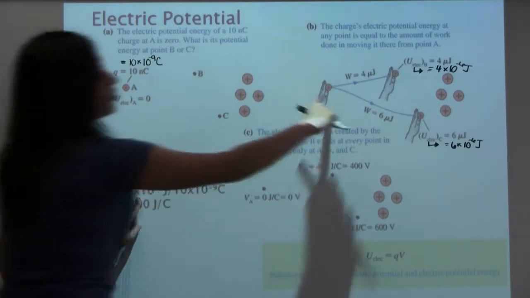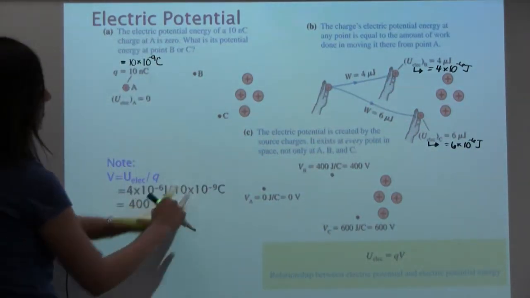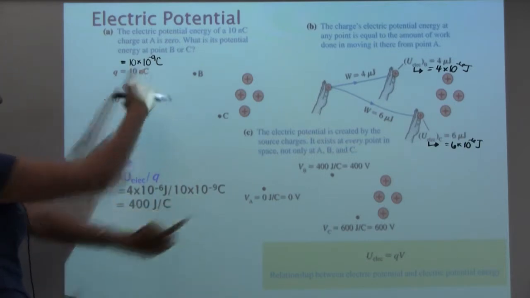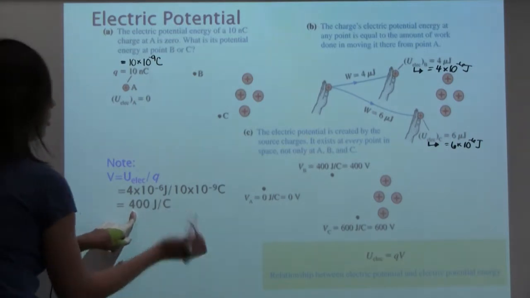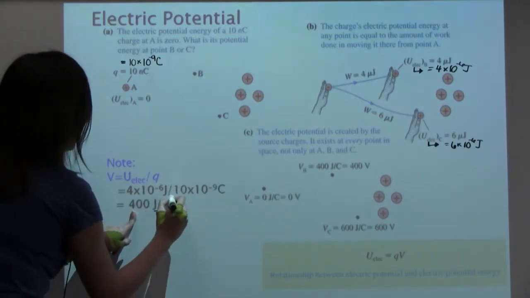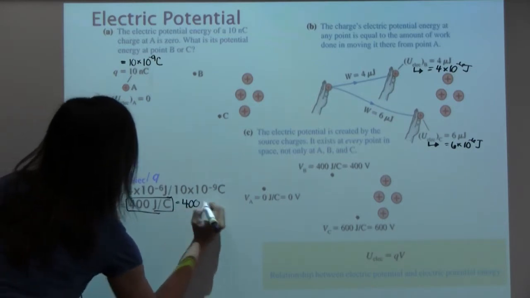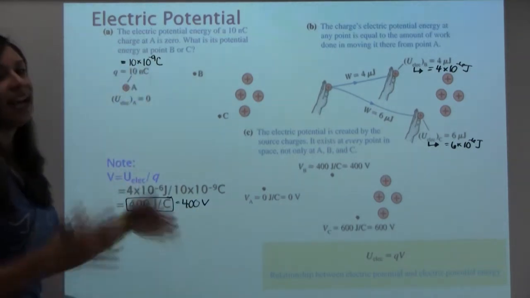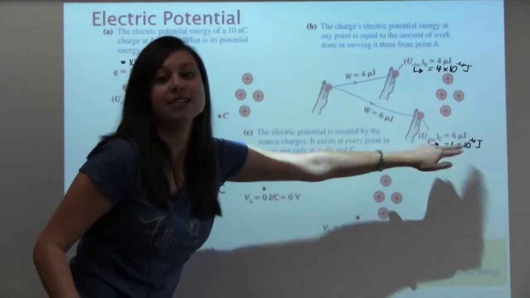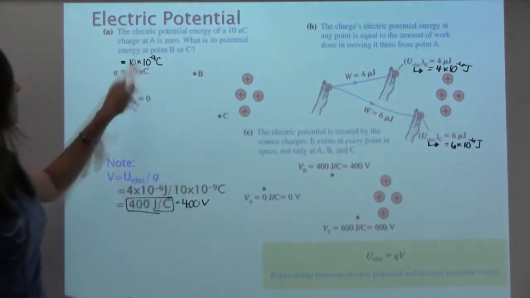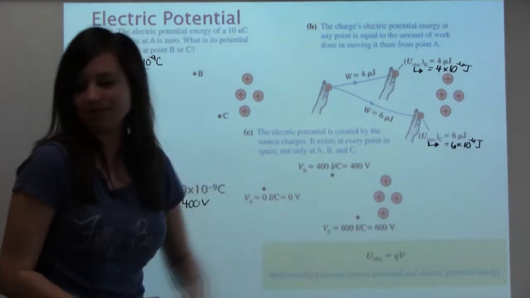To move to B, it was 4 times 10 to the negative 6 joules, and we divided this by our original charge, giving us 400 joules per coulomb. Since we're in units of joules per coulomb, that is equal to 400 volts. They did the same thing for C. We had 6 times 10 to the negative 6 joules of electric potential energy, divided by our original charge, which gives us 600 volts.